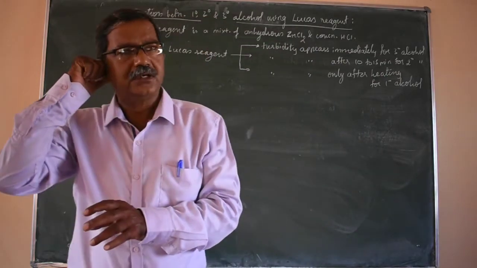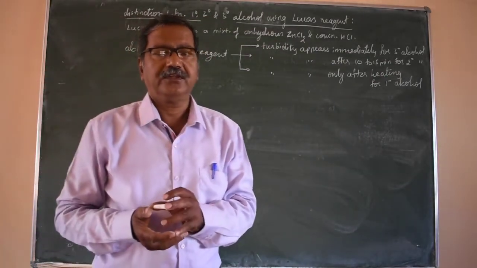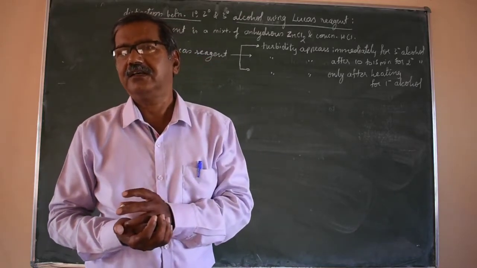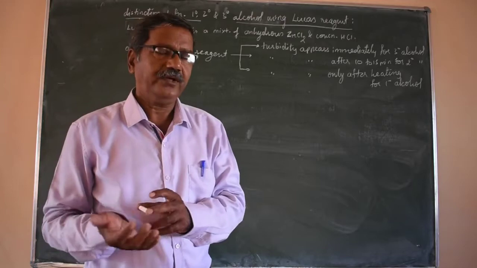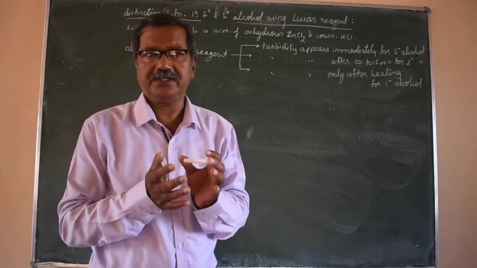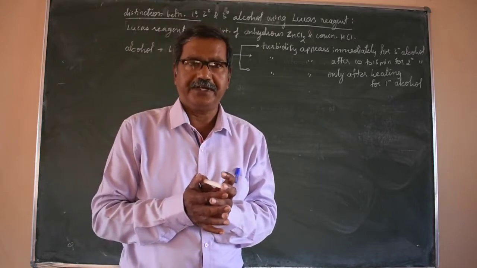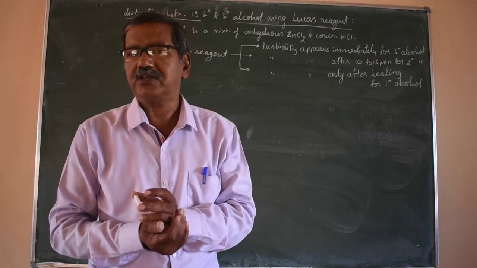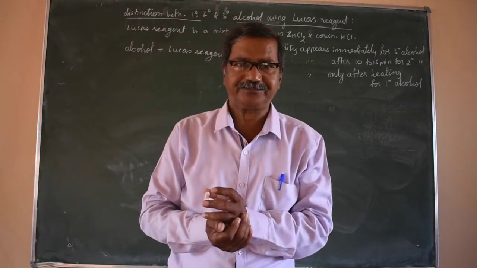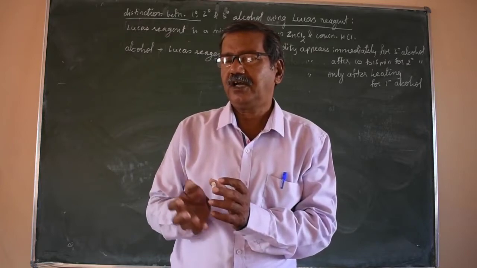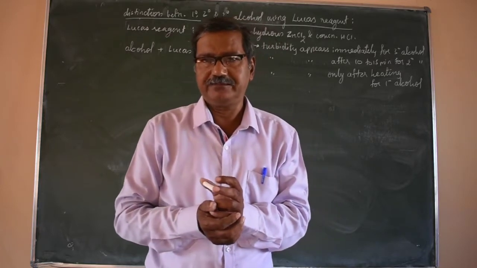Well, afterwards we have to discuss the manufacture of methyl alcohol or methanol and ethyl alcohol. We know methanol is also called wood spirit. And how can it be obtained? In first year we studied about water gas. Water gas is a mixture of carbon monoxide and hydrogen.